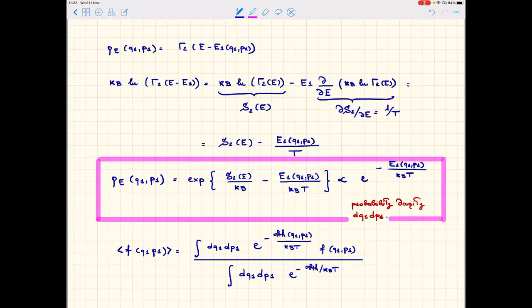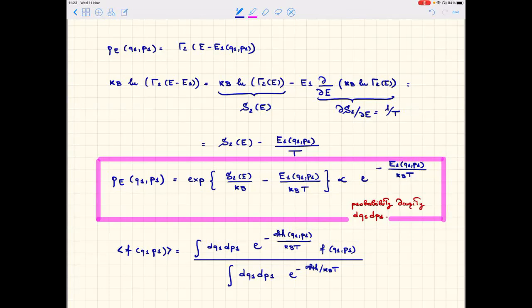Professor. Yes. What's the reason you decide that this is the probability density? Well, look, think about the frequency interpretation of probability. I told you at the beginning that the Boltzmann formula is based on the equal a priori probability postulate of statistical mechanics.